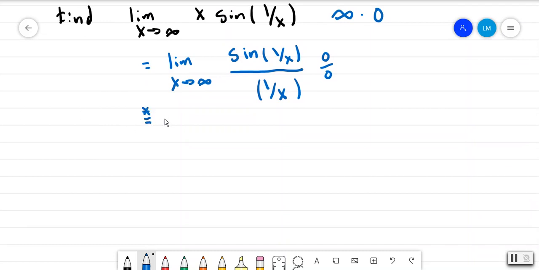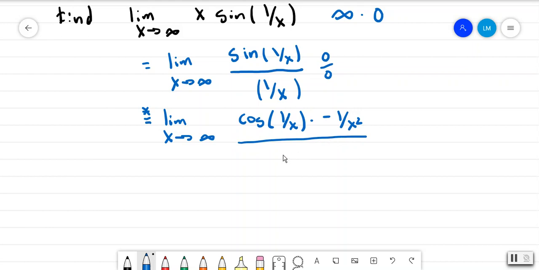So we apply L'Hopital's rule by taking the derivative on top and bottom, which is going to be cosine of 1 over x multiplied by negative 1 over x squared, divided by negative 1 over x squared. But you'll notice that basically the negative 1 over x squared cancels out.